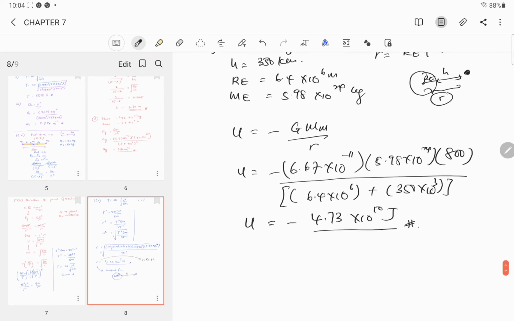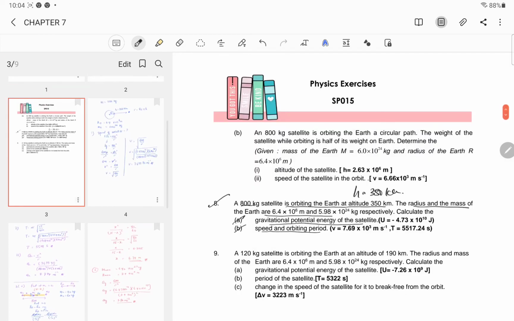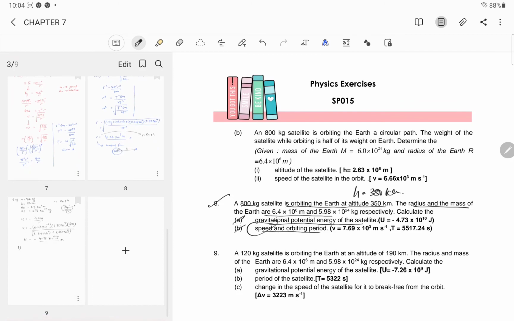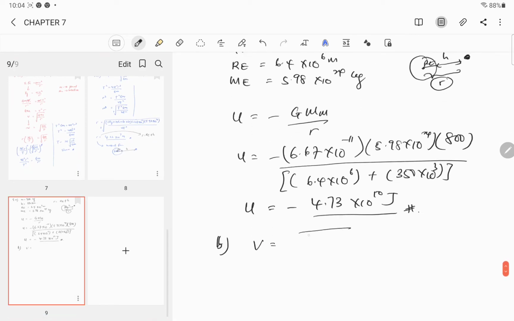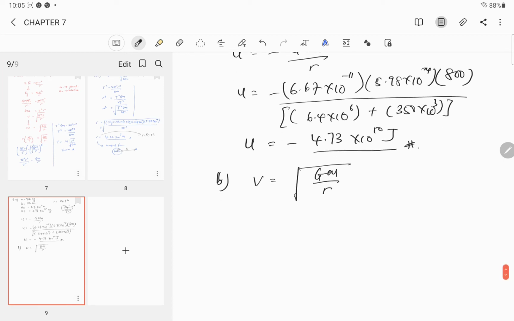Alright, what did the second question ask us to find? The second question wants us to get our speed, speed and orbiting period. So V is equal to square root of GM over R. Don't worry because the formula is given. But you also have to do the derivation for V if the question asks you to derive. But if the question doesn't ask, you just use what is given.